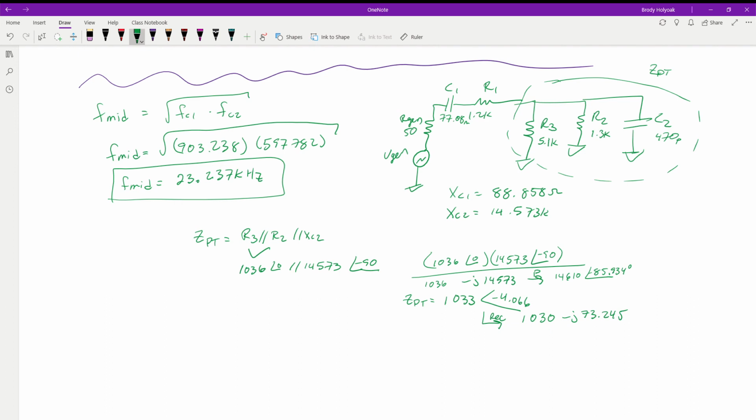Okay. Now that we have this value, remember, this is just our parallel value for all the components, its impedance in rectangular form. We're going to find our Z total. So we have our 50 ohms, which is our gen, we have our 1200 ohms, R1, and then we have our 88, minus J of 88.858.